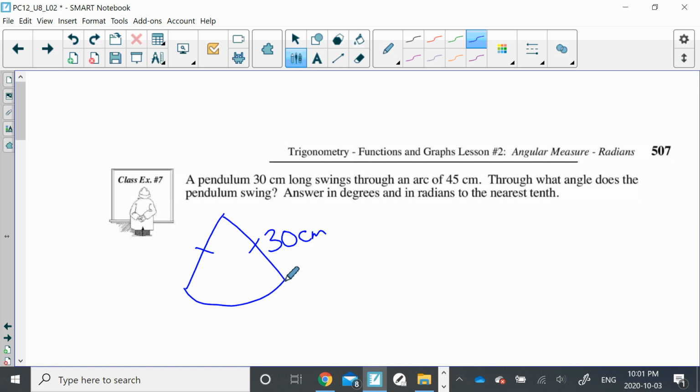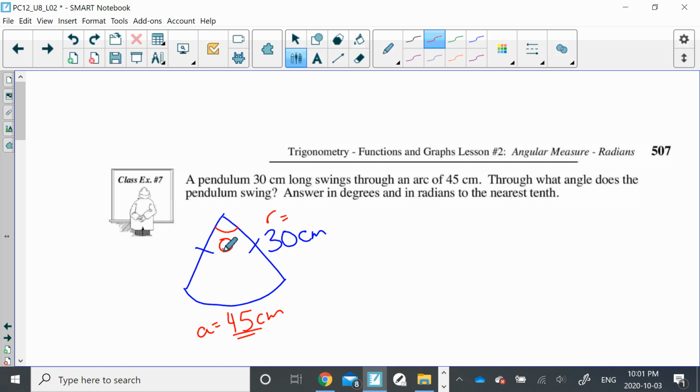The motion that it swings in would be an arc length, and they say that the arc length of this pendulum would be 45 centimeters. If you picture a circle, the 30 would be the radius, and 45 would be the arc length. Through what angle does the pendulum swing?